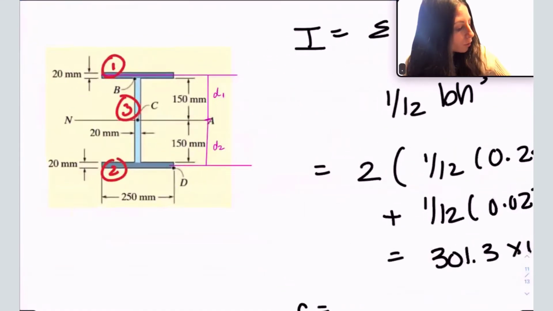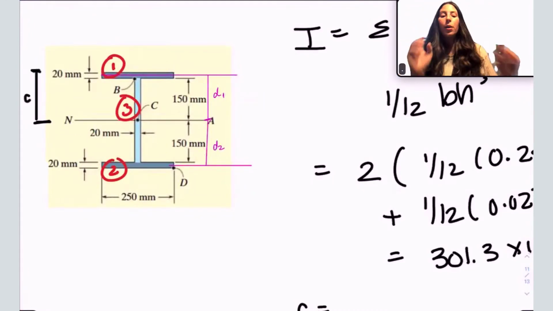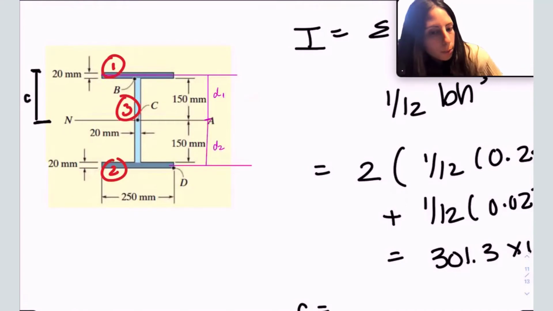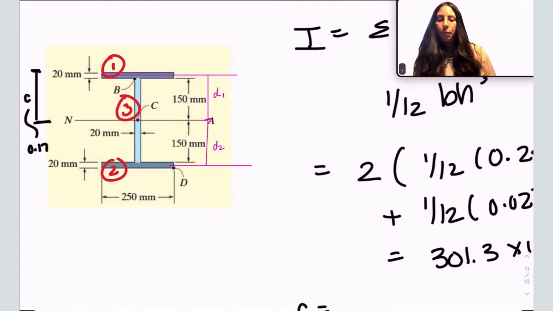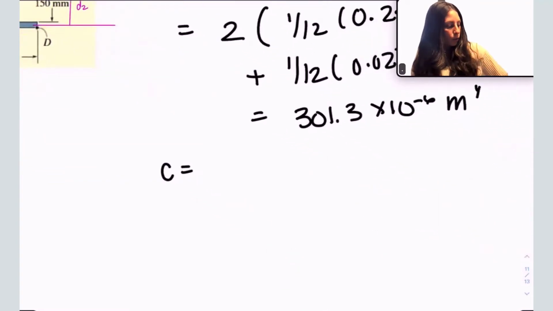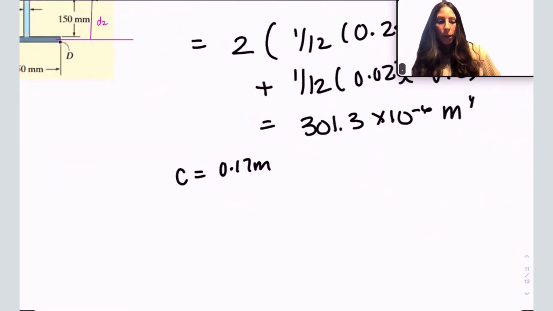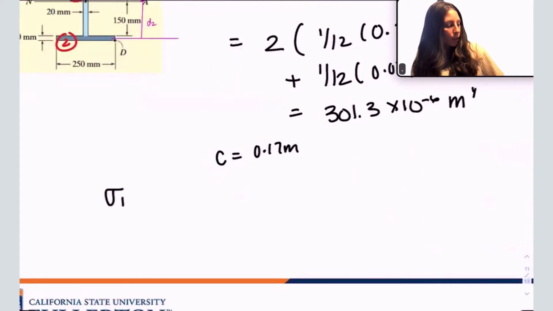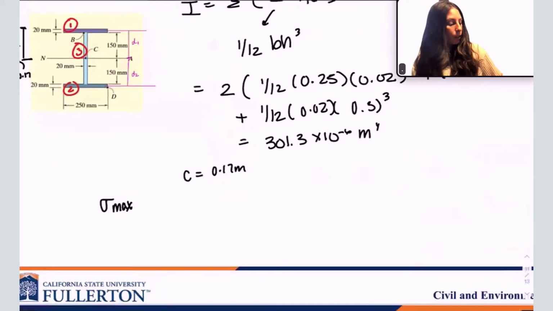It is the distance from the neutral axis to the very top fiber for the maximum value there. And that is going to be 0.17. Basically that 0.15 plus the 0.02, we get 0.17. So converting it to meters. And we're ready to plug in my sigma max here.